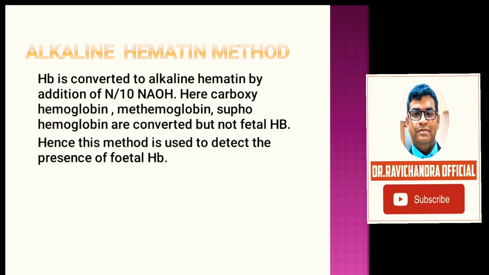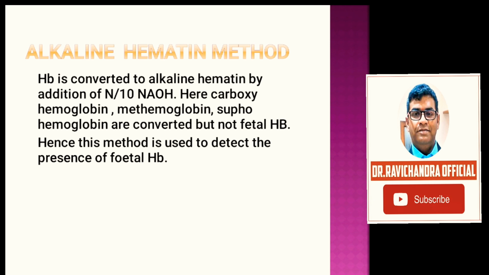Coming to alkaline Hematin method. In this method, in place of N/10 HCl, which we use in the acid Hematin method, here we are using N/10 NaOH. So the hemoglobin is converted to alkaline Hematin by addition of this N/10 NaOH.